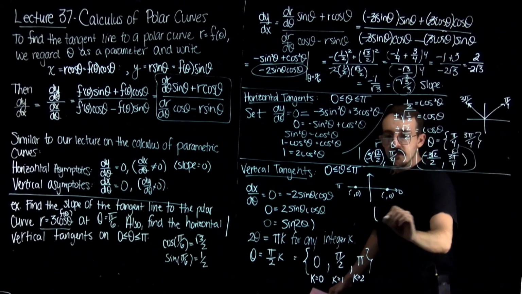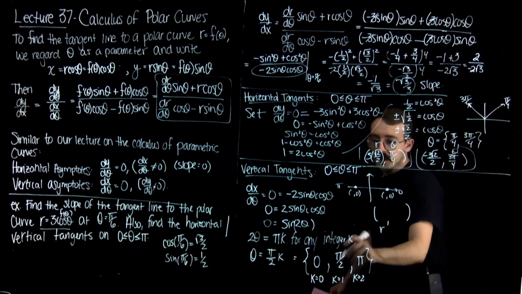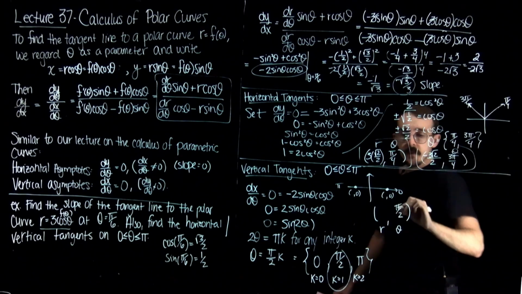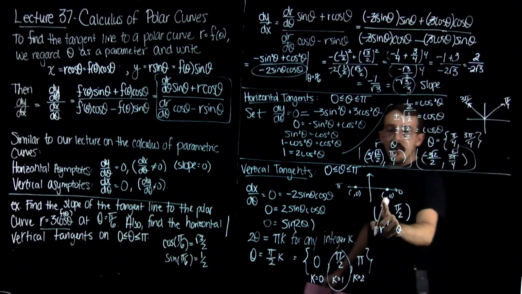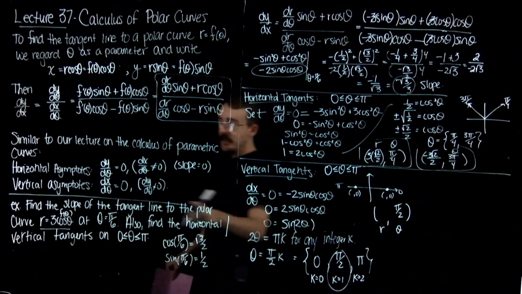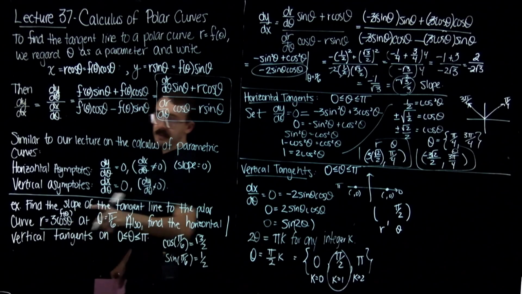So for example, I'll just do one of them. At this one, theta is pi over 2. What's the r value where that occurs? Well, we have to plug in pi over 2 into this equation. So 3 cosine of pi over 2 is just 0.